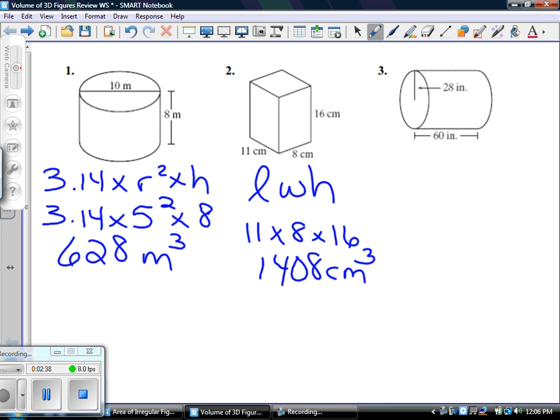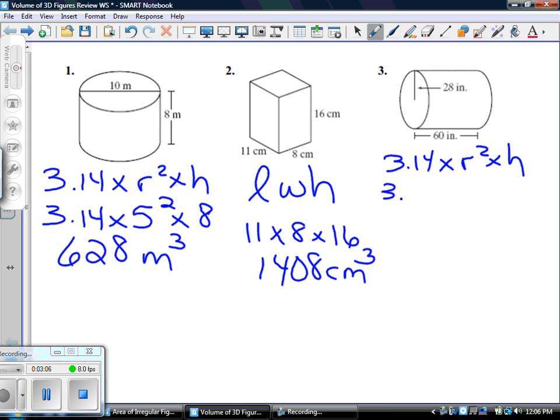The next one, number 3, and I'm running through fairly quickly, so you can pause this video at any time or rewind it, which is the beauty of watching the video. But the third one is actually also a cylinder, just like 1. But the nice thing about 3, as compared to number 1, is they give you the radius. So for this one, it's just a matter of plugging in. The formula is 3.14 times the radius squared times the height.